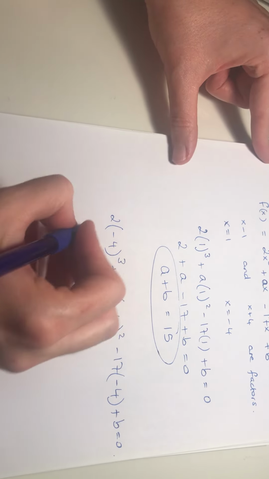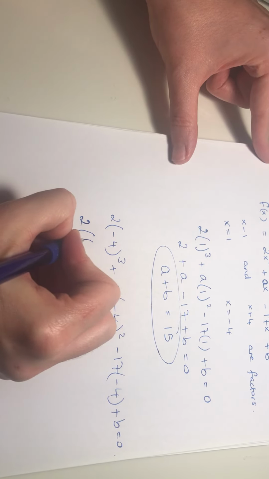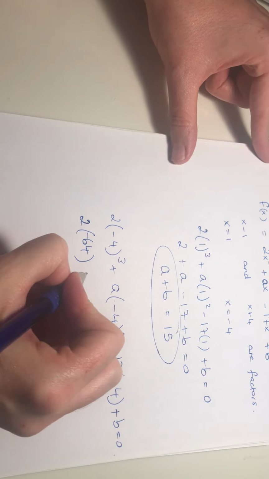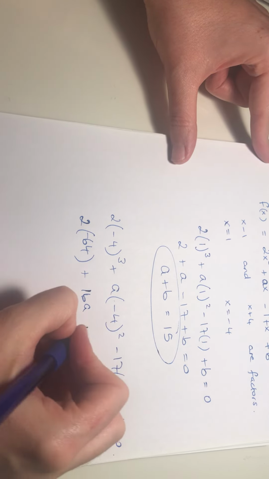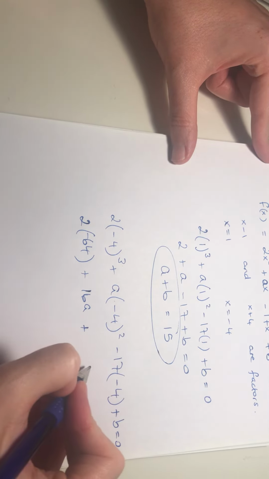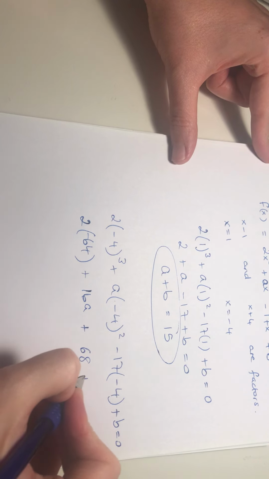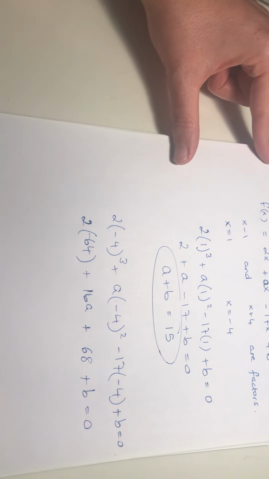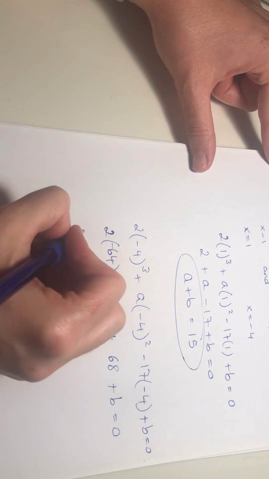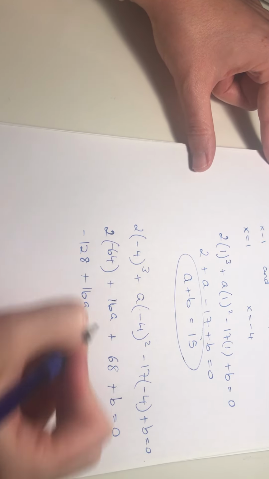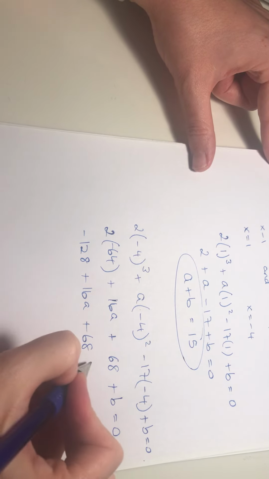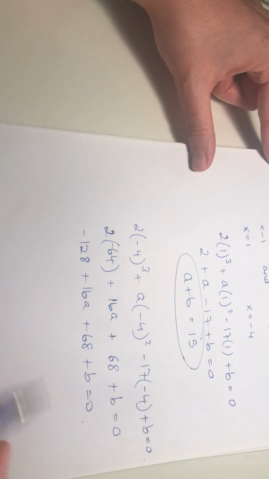So that is 2 times minus 64, sorry, plus 16 times a, plus 68, I think, plus b equals 0. 2 times that, minus 128, plus the 16a, plus the 68, plus b equals 0.